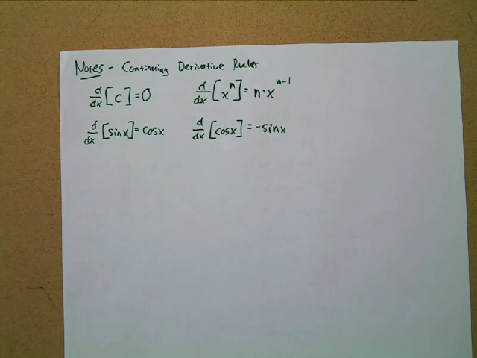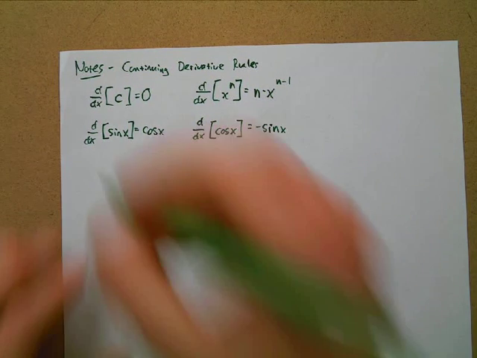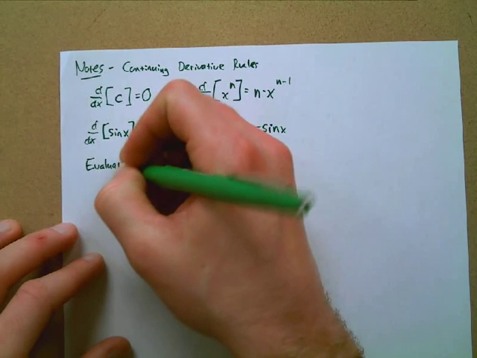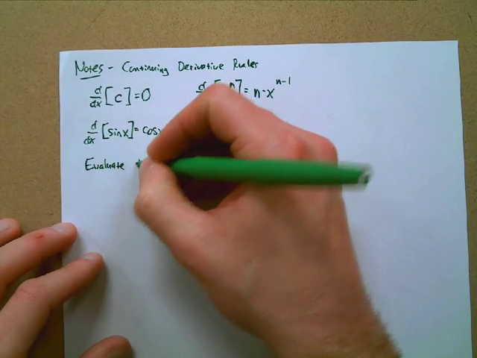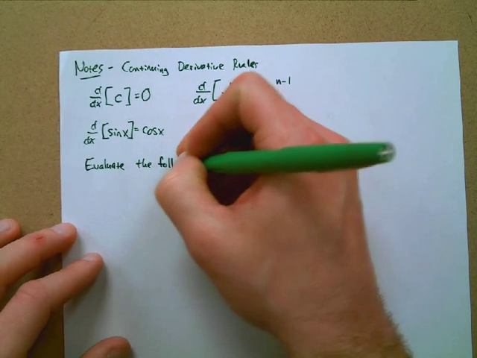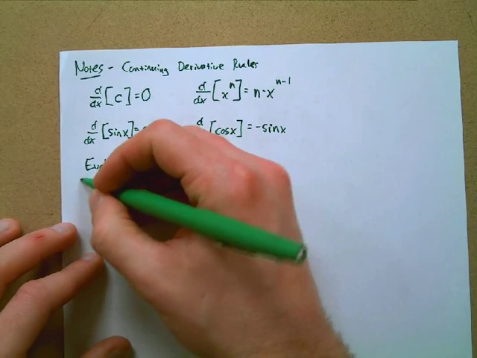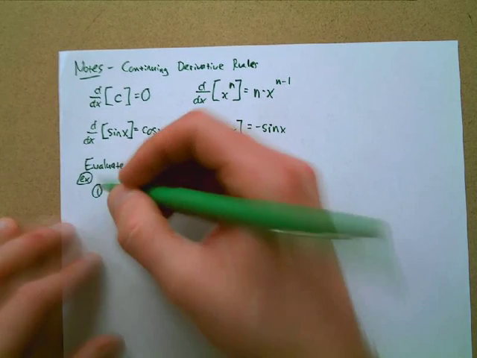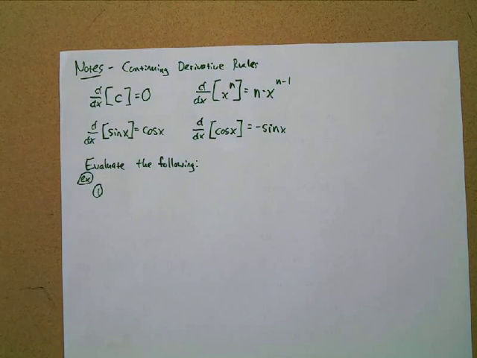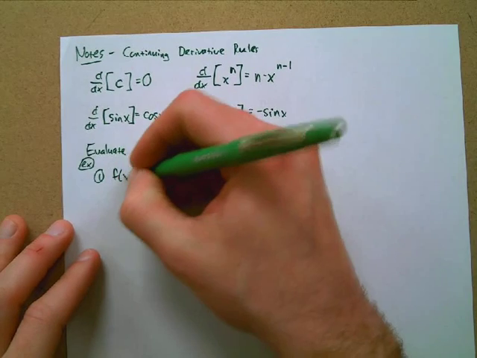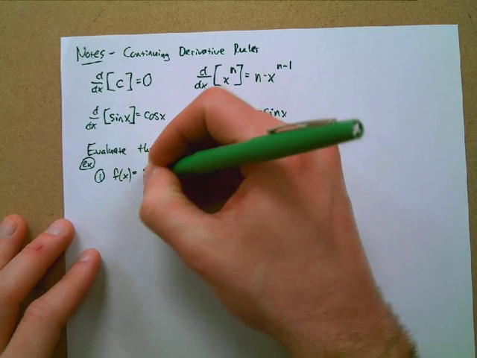So, for example, let's say we want to evaluate the following. Okay, just for some examples here. Let's say our function is, I don't know, f of x equals 2 sine of x.